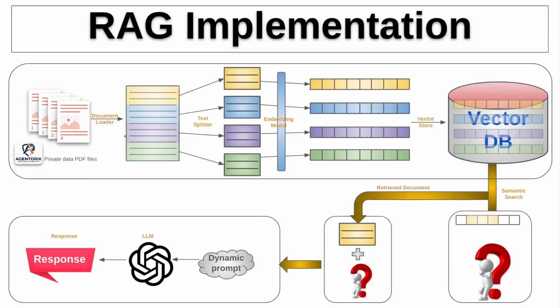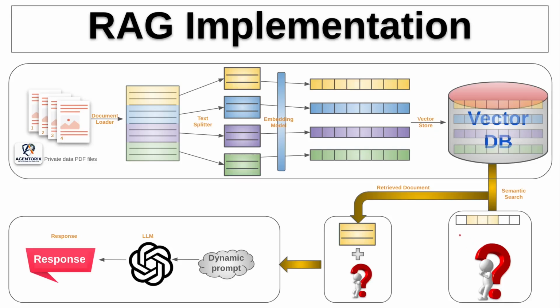Like this single file. First of all, we will convert this file into a document. Then we will separate each of these document's paragraphs and create individual chunks using a text splitter. After that, for each chunk, we will generate a vector, and this vector will be stored in the vector database.